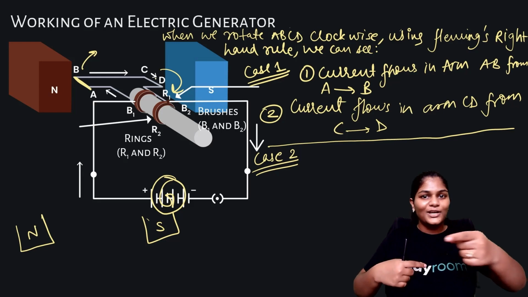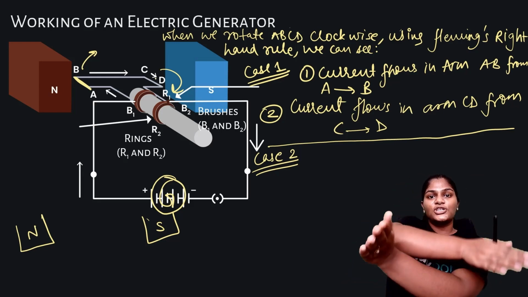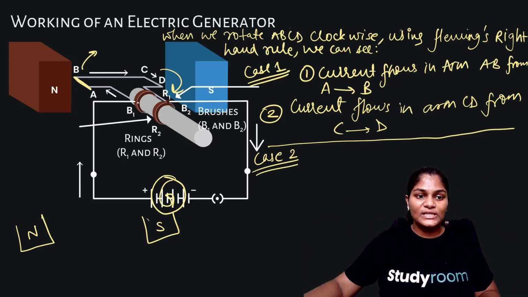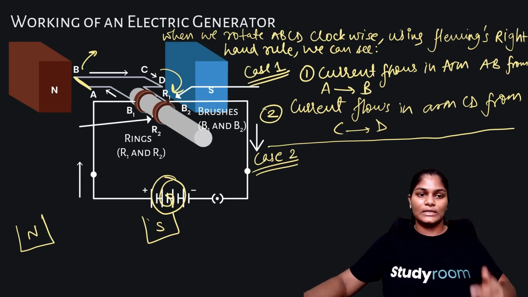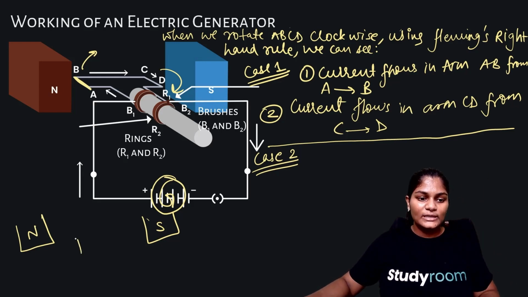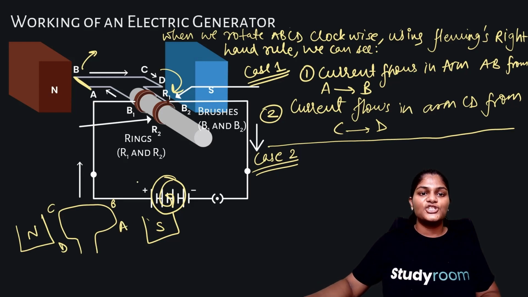They can't exchange positions, but they can rotate. So you have to visualize this a little bit. CD comes to this side, so my coil is a little bit like this. Pardon the shape of the coil. It is D, C and B and A. This is the shape of my coil now.